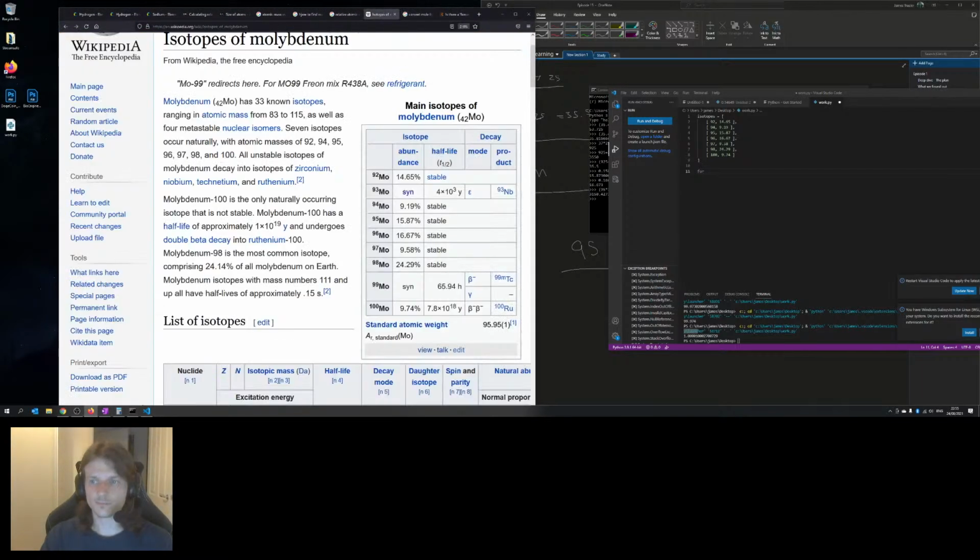For isotope in isotopes, we're going to do isotope 0 times isotope, not that it matters.